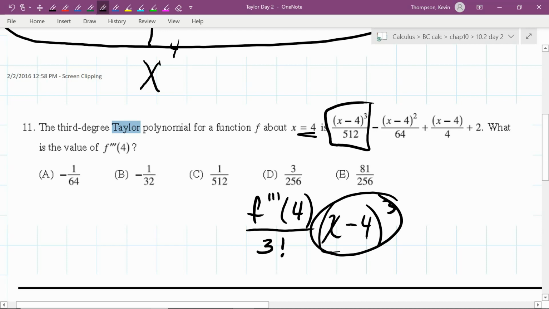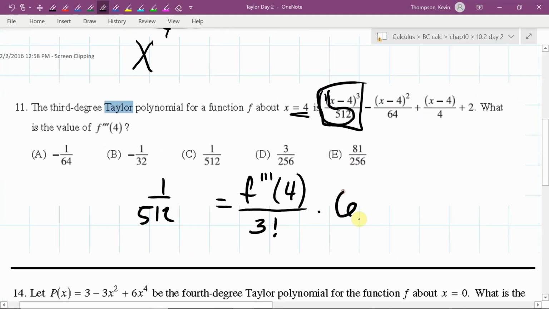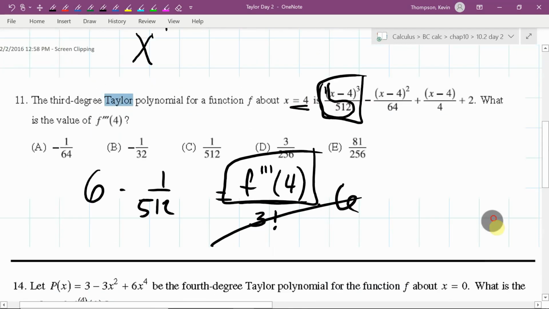And so those two things must be equal. So really, I'm just taking the coefficient here, which is 1 out of 512, and setting it equal to this. Now, I guess you could put the whole thing there if you wanted, and these would just cancel out. So that's where I got that statement. And 3 factorial is 6, so just multiply both sides by 6. So that cancels out, and I have the third derivative at 4. Okay? You good? Can I go on?